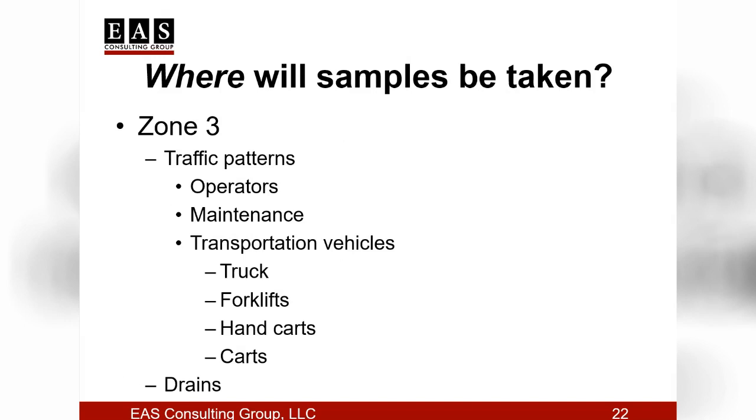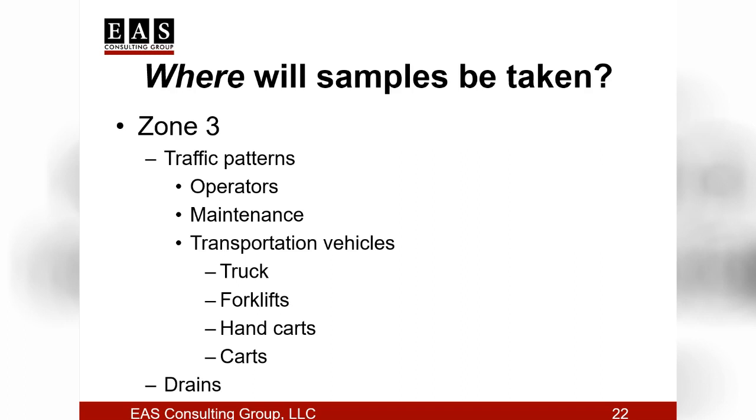And then where do you get the samples? We have Zone 3. Remember that FDA typically doesn't do Zone 4, but there may be a good reason for you to do that. And when you're looking at Zone 3, I want you to think about the traffic patterns.